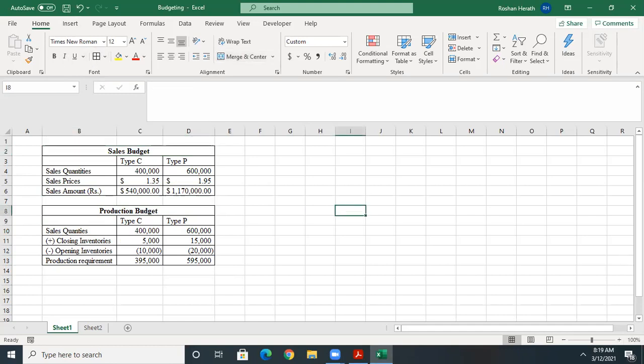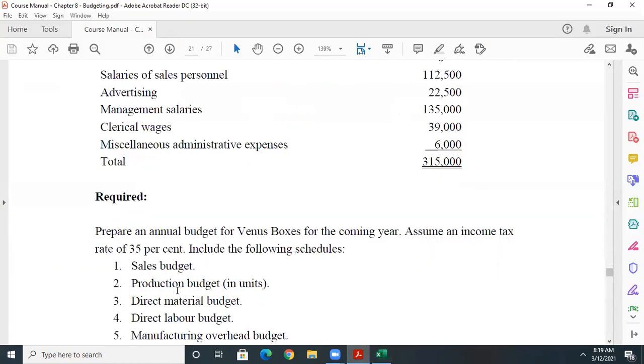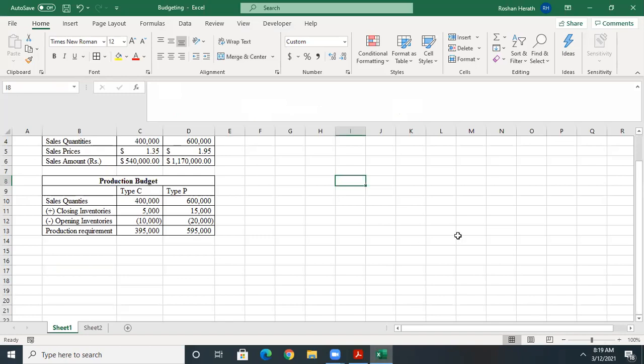Right, so we are done with the second requirement, the production budget. Then it asks for the direct material budget.